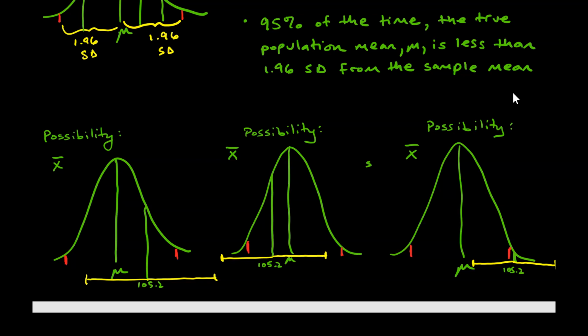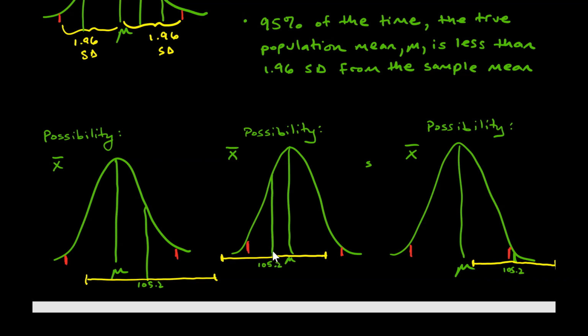Okay, so in this first picture, you can see that I've got my x-bar distribution, and I'm pretending that 105.2 is right here, and I am deviating, as this statement says above, 1.96 standard deviations from the sample mean. If my sample mean was right here and I went 1.96 standard deviations of this distribution of sample means on this side and on this side, you could see that I do create an interval that is going to contain my true population mean.